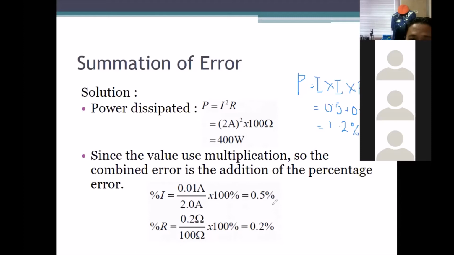This is the formula: if the operation is multiplication, just add the limiting error. For example, the limiting error for the current is 0.5, so 0.5 plus 0.5 plus 0.2 for the resistor. So the limiting error for the power will be 1.2%.